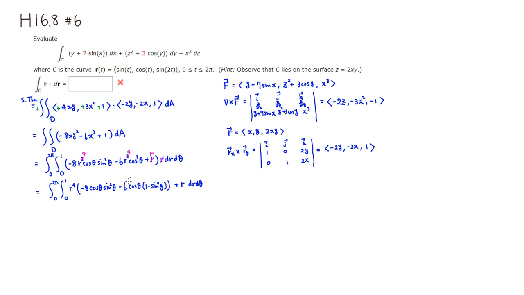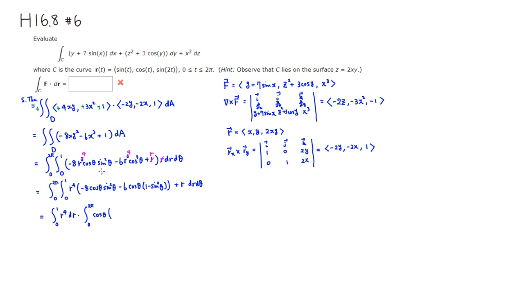So first part is separable, so I'm going to go ahead and separate it. So we have the integral from 0 to 1, r to the 4th power, dr. Then the second part is the integral from 0 to 2 pi. Both of these have cosine, so I'm going to pull cosine of theta out.